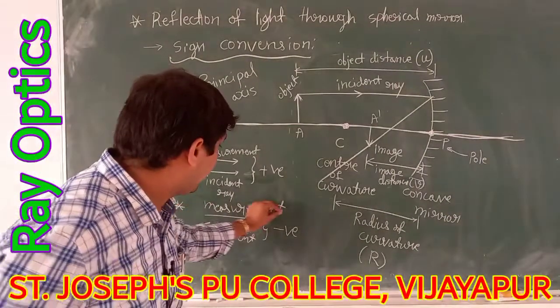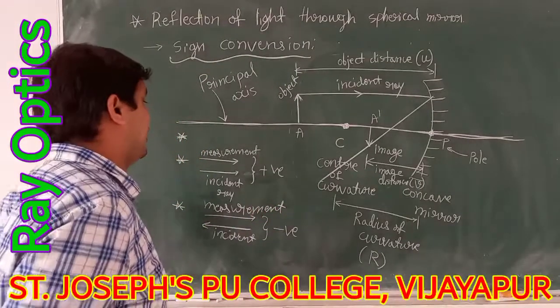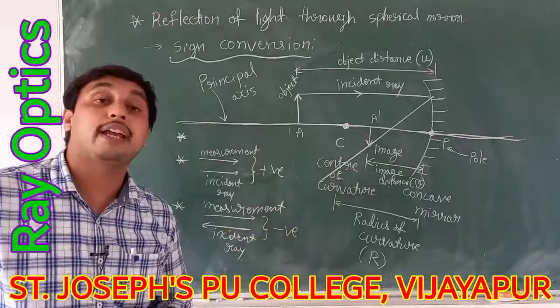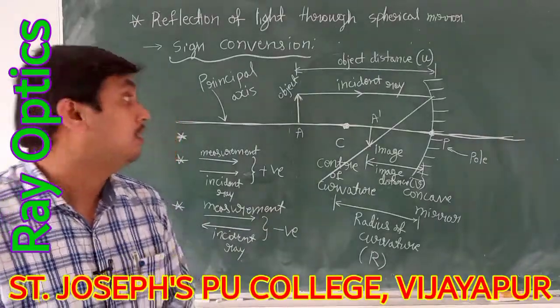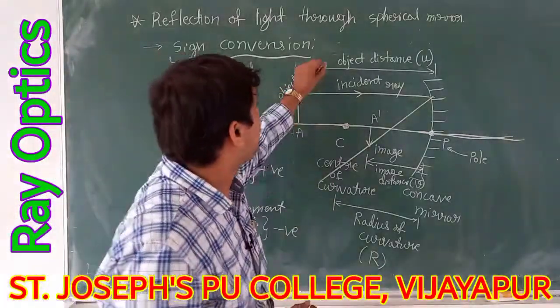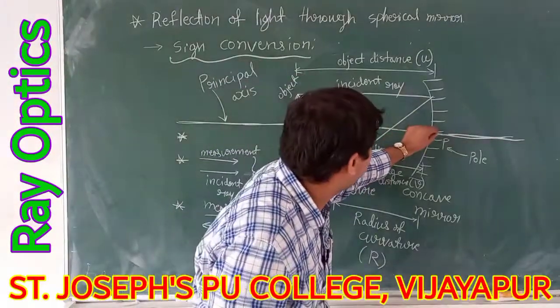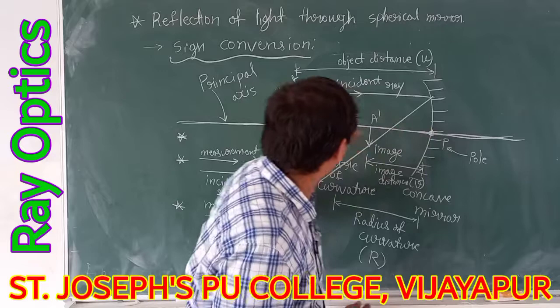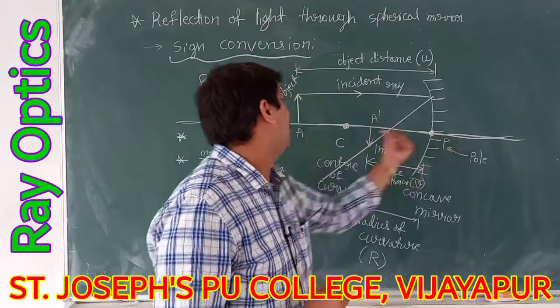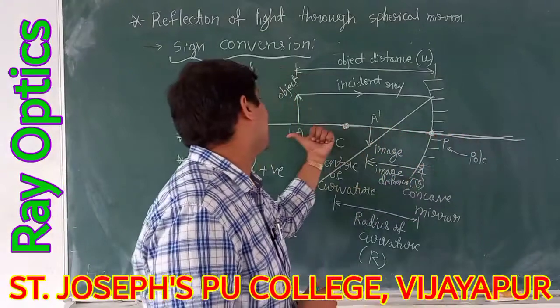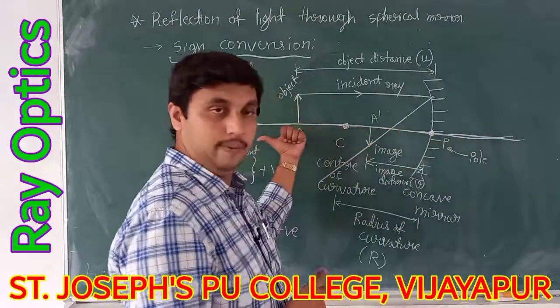Our measurement is opposite to the direction of the incident ray, then it would be taken as negative. So here is a simple object distance example. I will take the same example. I am measuring the object distance from P to A, pole to the object. So my measurement is in this direction, P to A.